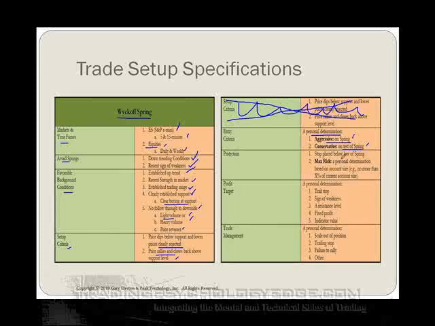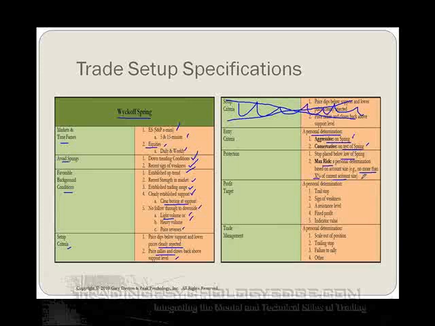Protection really needs to be placed below the low of the spring. And part of this is your maximum risk. And again, it's going to be a personal determination based on your account size and your risk tolerance. But you really don't want to be placing more than a certain percent of your current account size on any trade. But we're talking about springs.